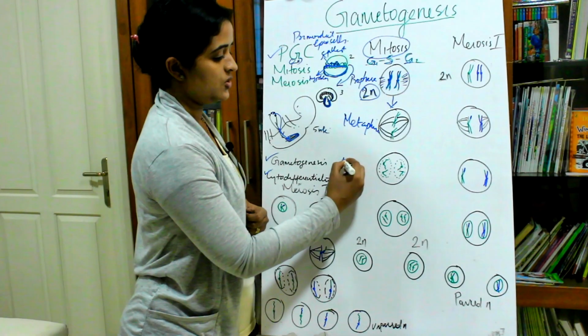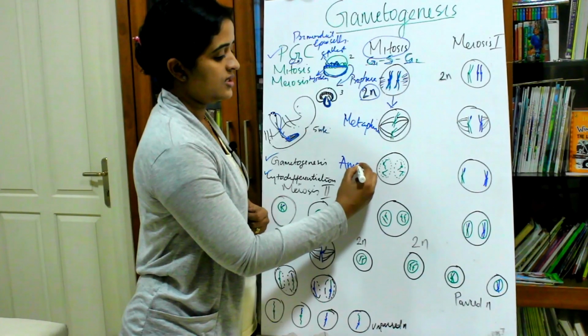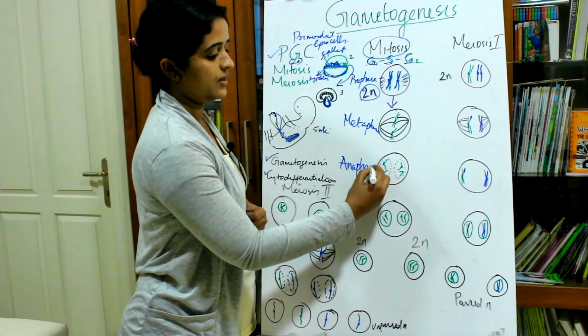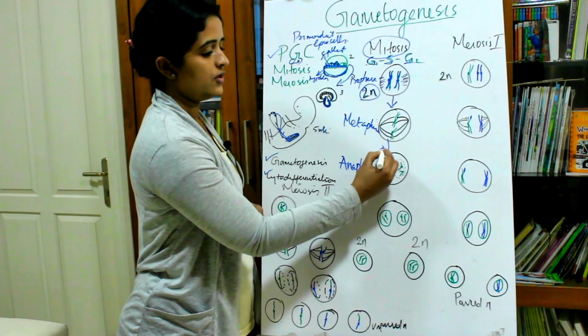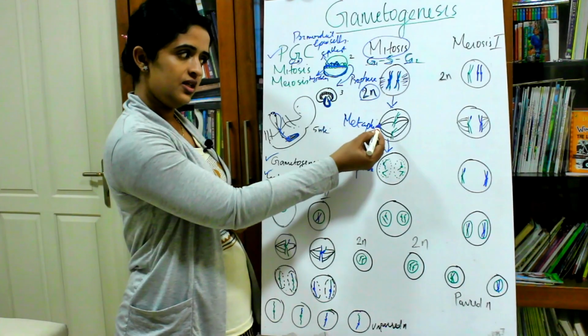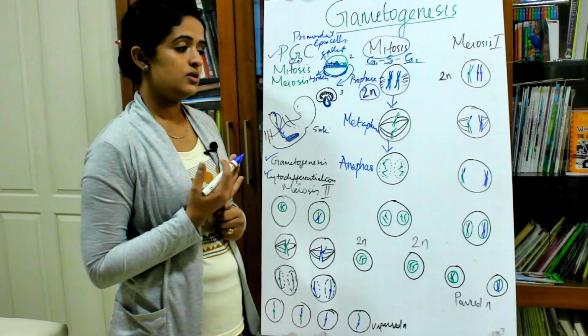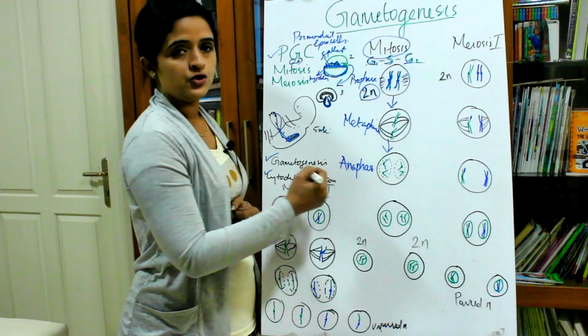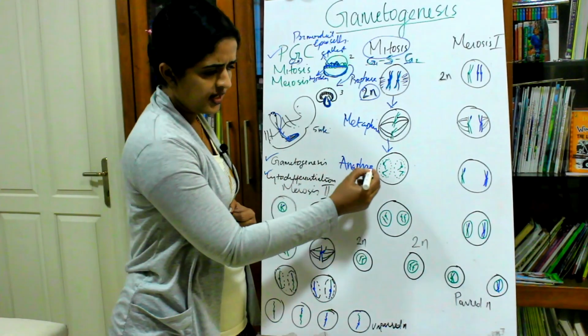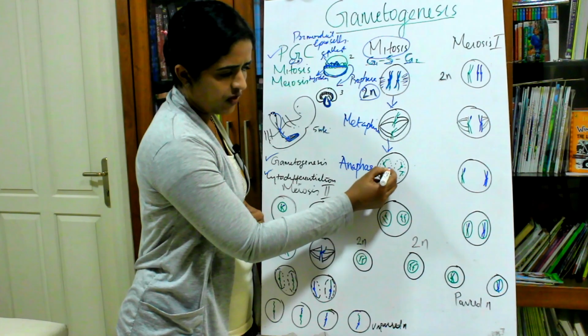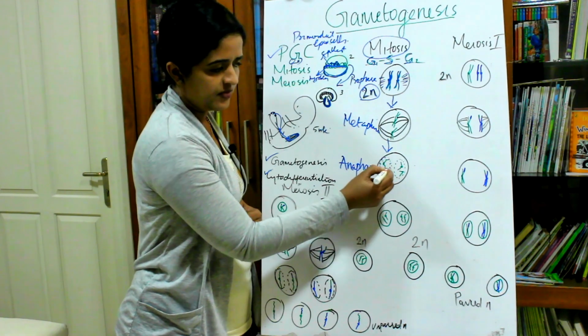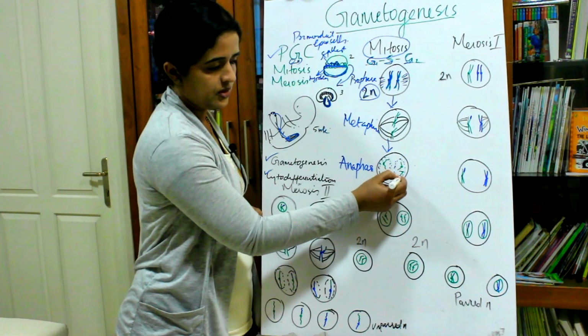What is happening during the next step? The next step is known as anaphase. When you move from metaphase to anaphase, you can see that the mitotic spindles have already pulled the sister chromatids to the two poles of the cell. There you can see the formation of nuclear membrane around the sister chromatids.